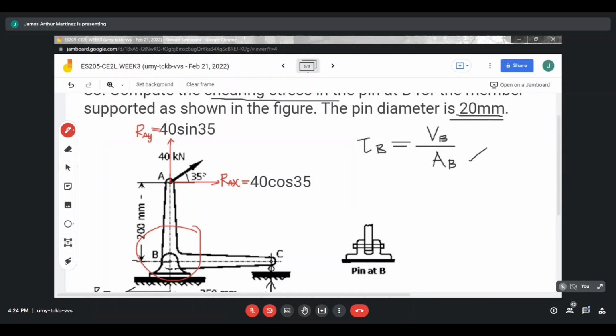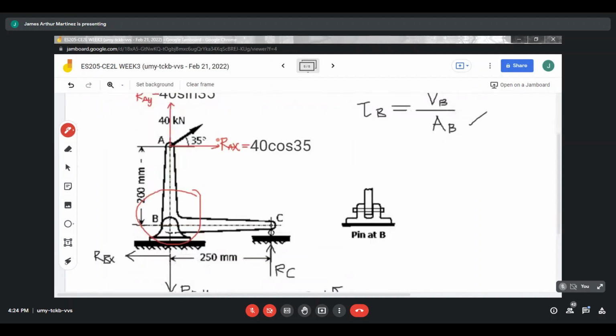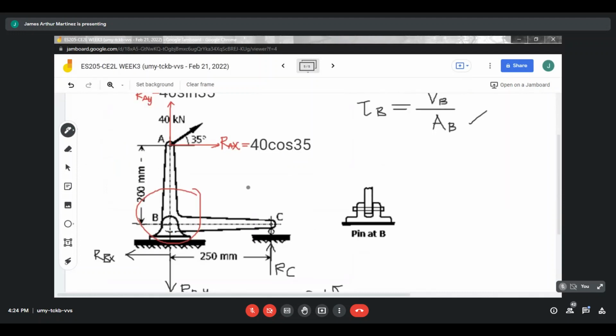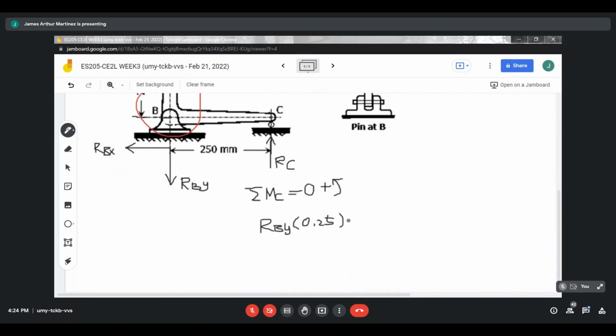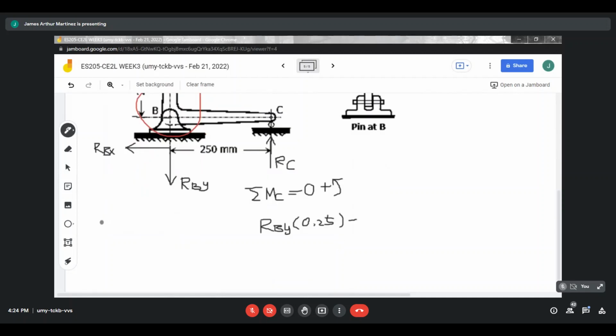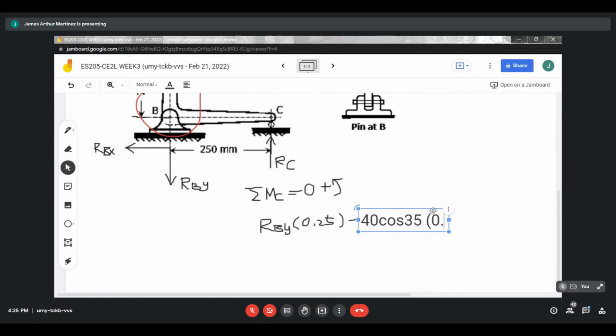So by this, mas dali na ma-compute ang moment kay naman tayo establish distances. So for RAX, with respect to point C, it will create a clockwise rotation, which means that negative ang iyahang sign convention. So minus 40 cosine 35 degrees times the moment arm of your RAX to point C, 0.20 meters.